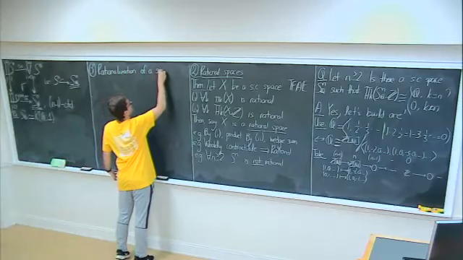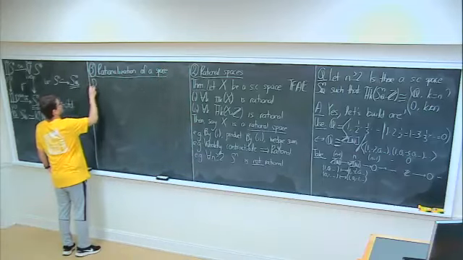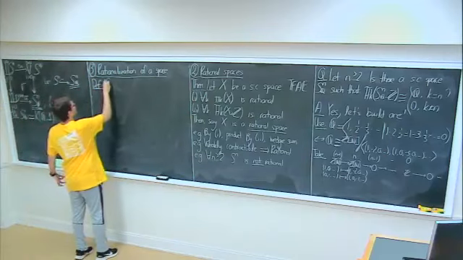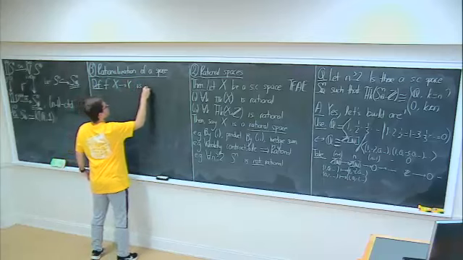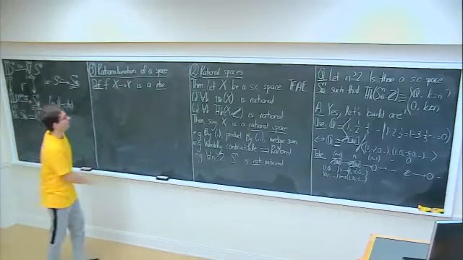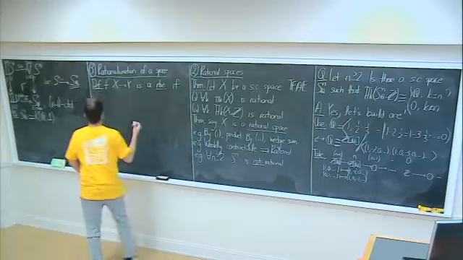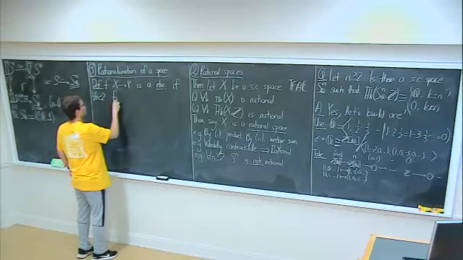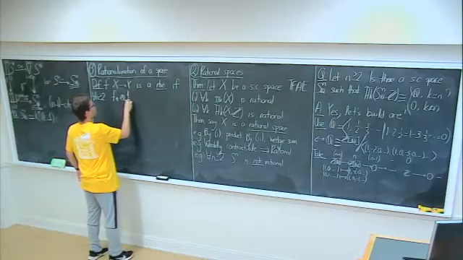Rationalization of a space. And again, all spaces are simply connected in this talk. So let's begin by defining what a rational homotopy equivalence is. Well, a continuous pointed map between simply connected spaces, from X to Y, is a rational homotopy equivalence (we'll abbreviate it like that because life is a bit too short for this) if, for all n from 2 and above, you look at the induced map on homotopy groups, those are abelian groups, you can functorially tensor with Q to kill torsion.